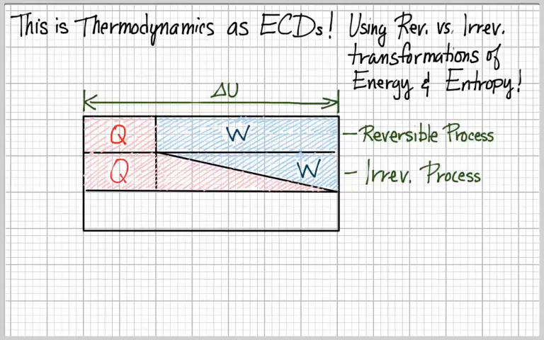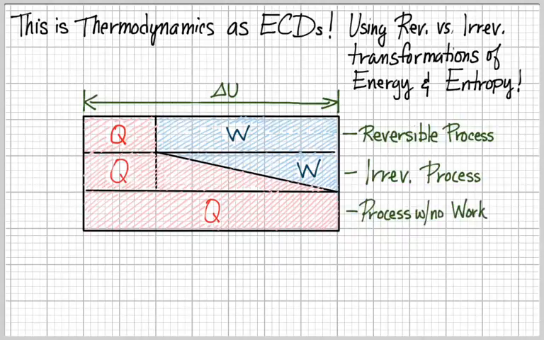Okay, my final part of this is, what if I just have a piece of electric wire and I do resistive heating of my room or of a kettle of water? Well, that's a process with no work done, no mechanical work done.